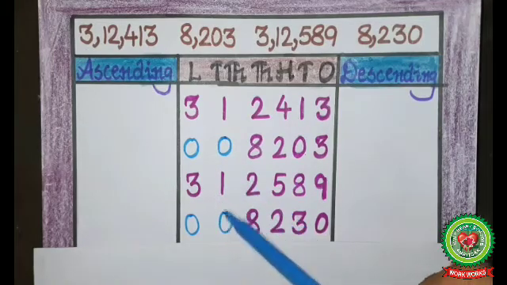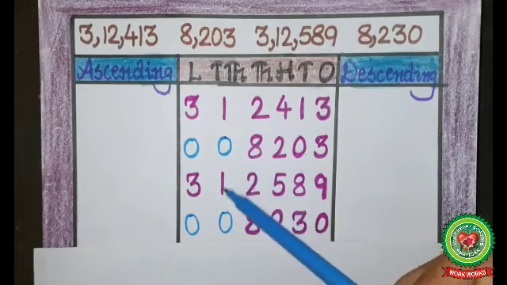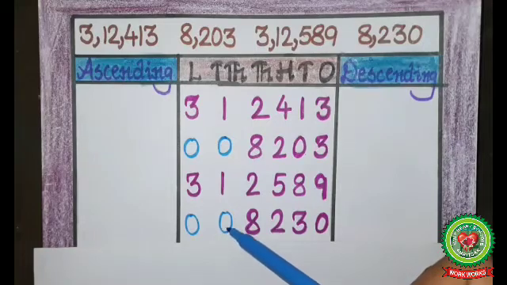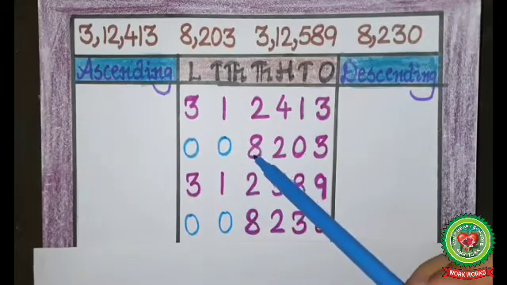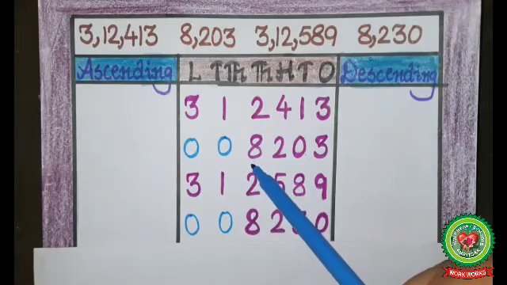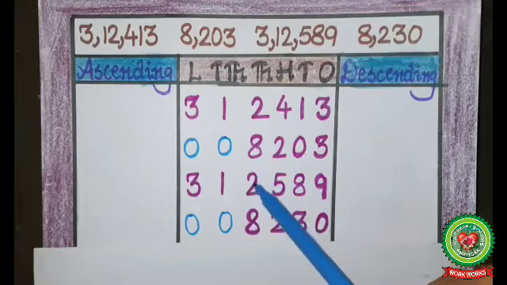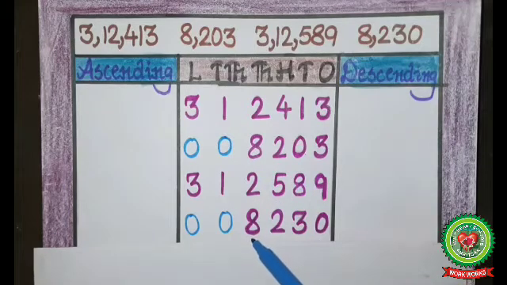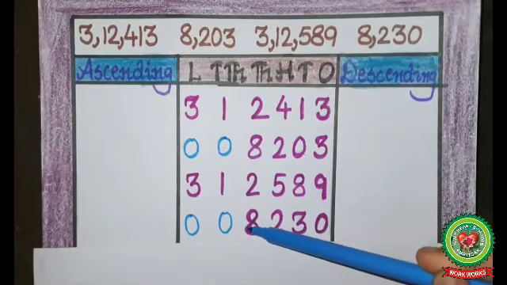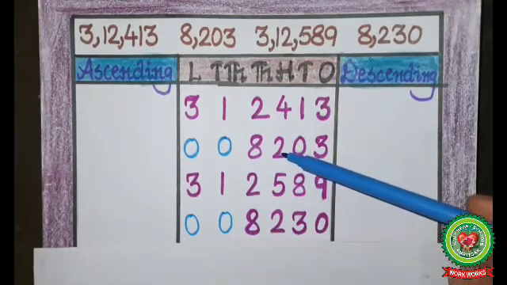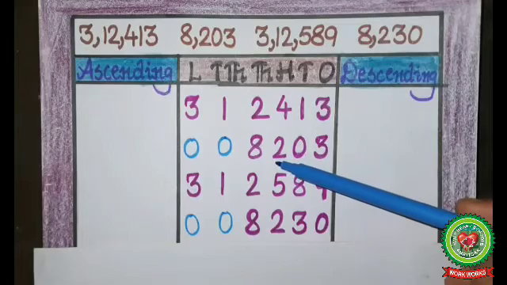Now again 10,000 place is also 0 for both the numbers. So we will compare the next place, that is thousands place. But at thousands place also 8 in this number and 8 in this number. Again we can't compare. Then we will move to the next place, that is hundreds place.